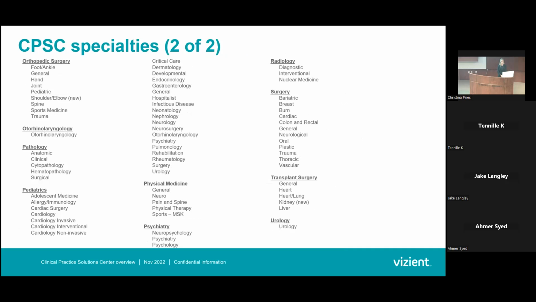So this is the first half of the CPSC specialties that are out there. Here's the second half. And as I talk about this particular slide, the thing I'll note is that this is not a static list by any means. Every single year, we are looking to grow the number of specialties and subspecialties that we benchmark against. And we do that by listening to our membership as you all are asking us for a breakout of this specialty or that specialty.